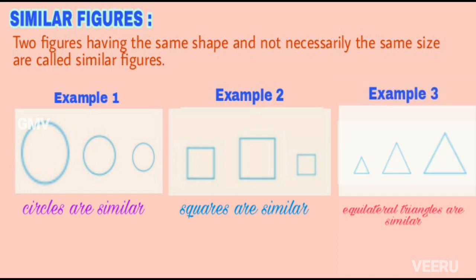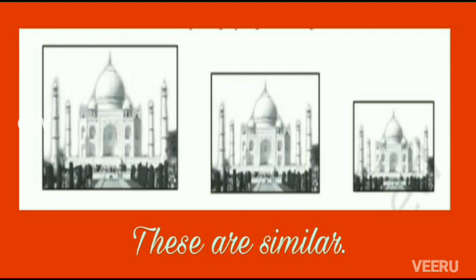Here the equilateral triangles have the same shape, hence those are similar. These are photographs of the same monument but in different sizes, hence they are also similar.